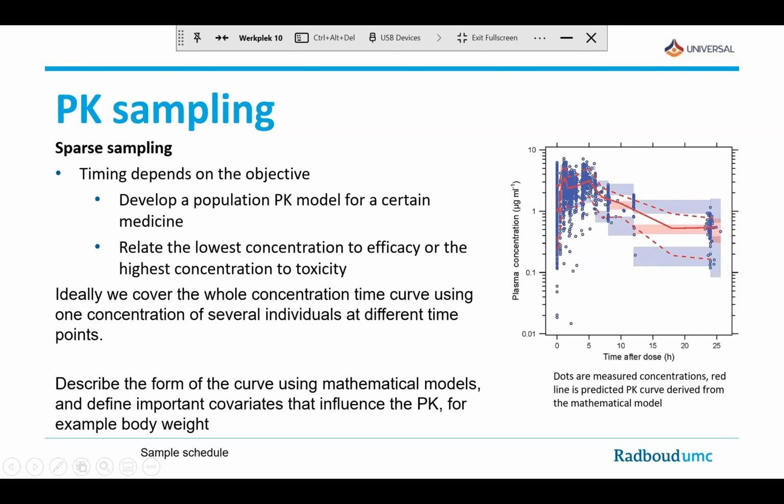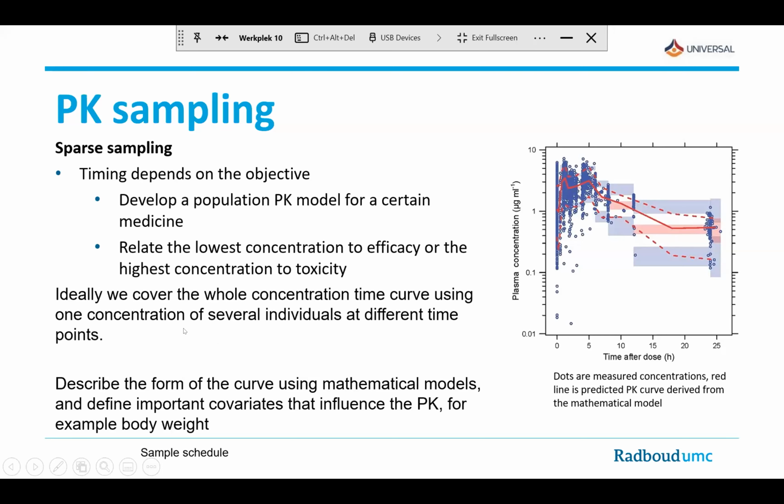All these dots are different persons' blood samples, and from all these dots we'll generate a pharmacokinetic curve by a lot of equations. So that's also another way to get your pharmacokinetic parameters.